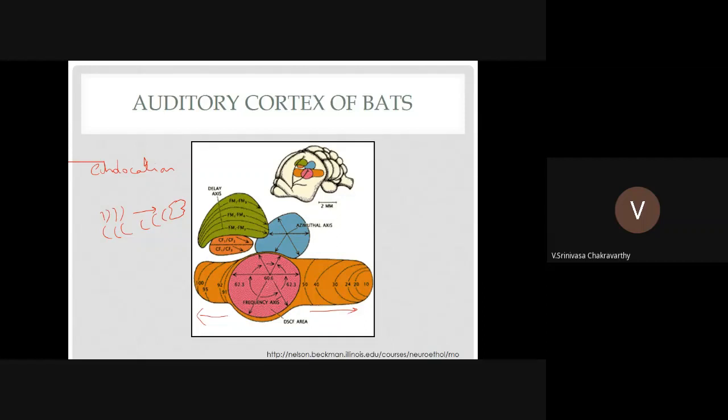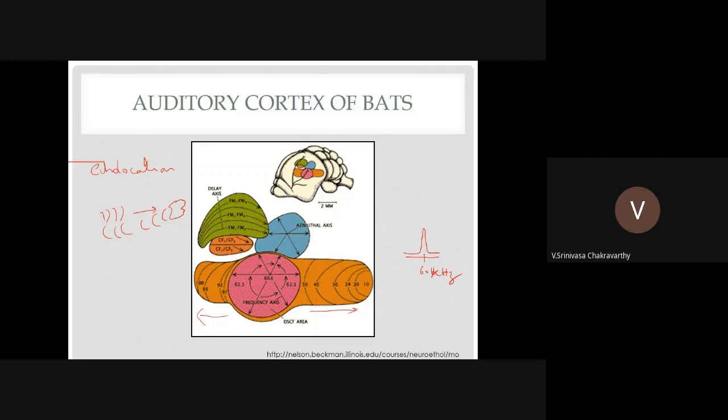Like 60 kilohertz is an important frequency because the animal transmits signals at 60 kilohertz. It looks like a very sharp distribution at 60 kilohertz, and it can go all the way from 10 kilohertz on one side to 100 kilohertz on the other side. So the sounds are mapped in a very interesting fashion in the primary auditory cortex.